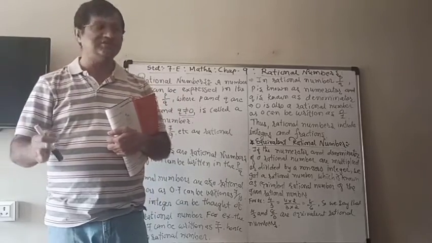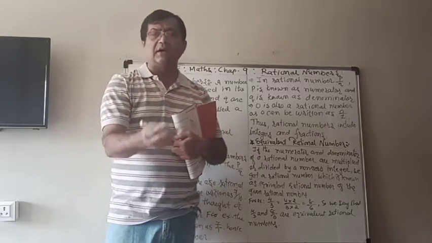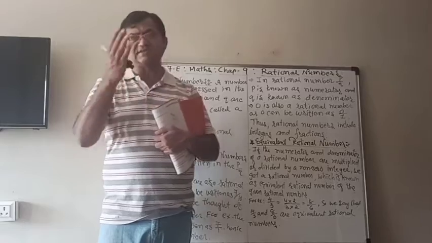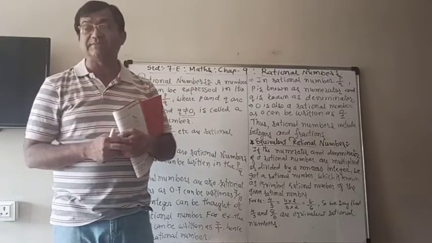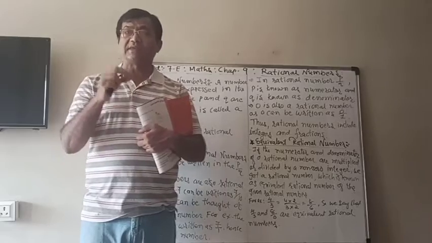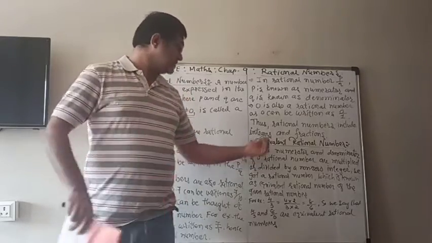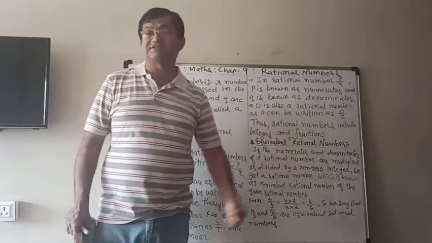All the integers, all the fractions, including proper fractions, improper fractions, mixed fractions, and the decimal numbers, can all be thought of as rational numbers. So these rational numbers include integers and fractions also.